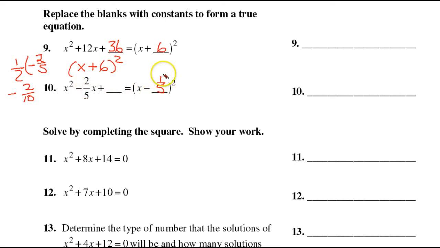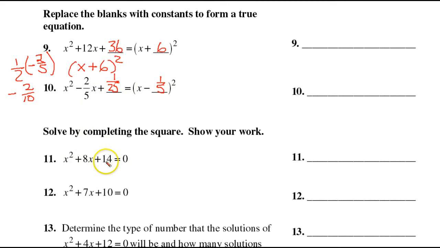And if we square that, we get a positive 1/25. Got a little sneeze there. Let's see. So we take half of this. Half of that is a negative 2/10, which reduces to a negative 1/5. I could have put it there, but we'll use the system.